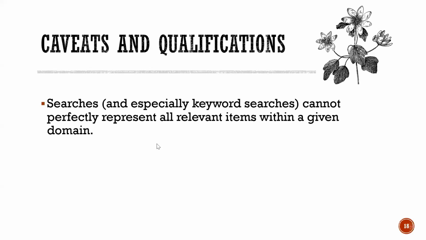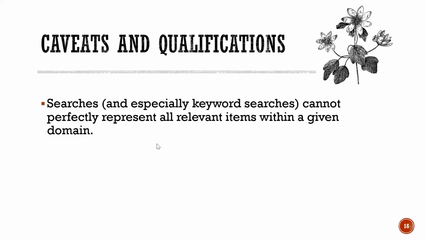However, I was careful to say at that point that the search only needs to be approximately representative. And that's because we're dealing with a ratio. If we were looking only at the numerator or only at the denominator, if we were only looking at the number of items returned in either search, it would be a different story.